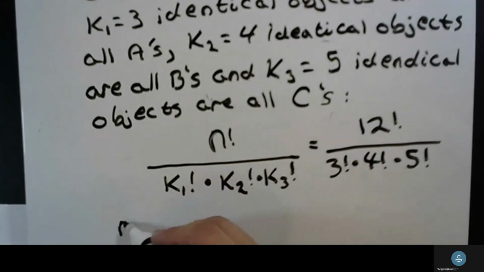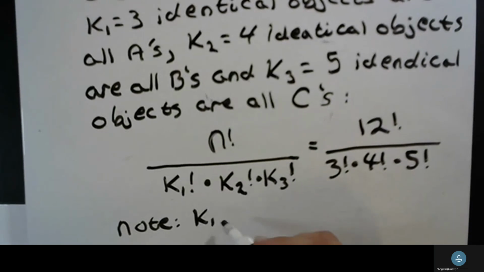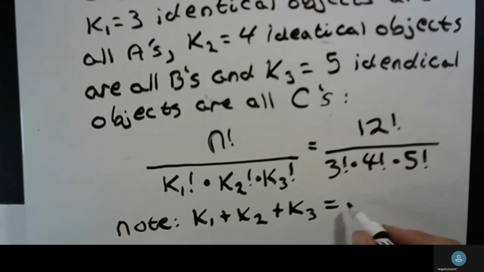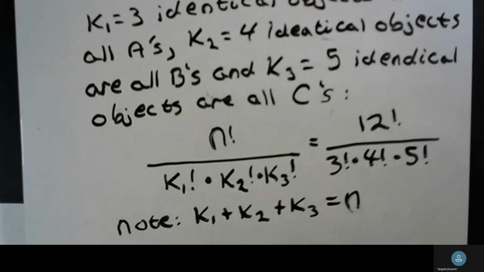We're going to make the note K1 plus K2 plus K3 is equal, not R, I'm sorry, it's equal to N. And I'll do a little explanation here of what we're talking about.